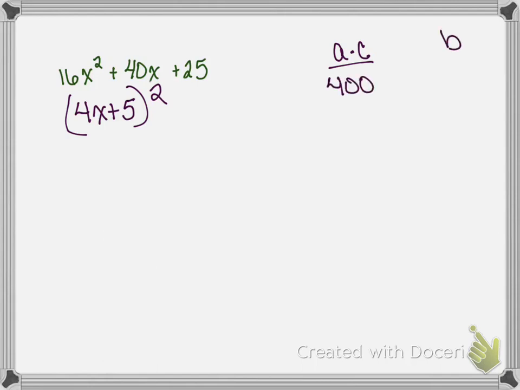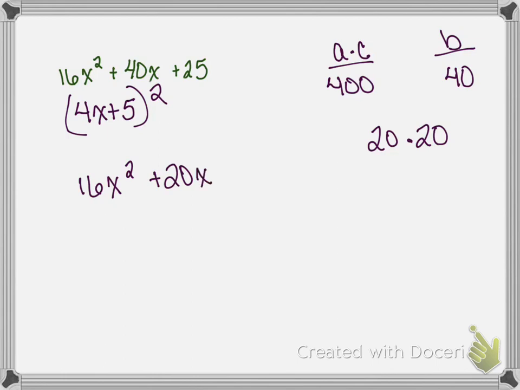What's my B value? 40. So 20 times 20 and 20 plus 20 are my two numbers. Very often, that's when I figure out it's a perfect square. It's not until that point. Because then we've got several different red flags, and it doesn't matter. You don't have to ever identify that this is a perfect square trinomial because your AC method works.